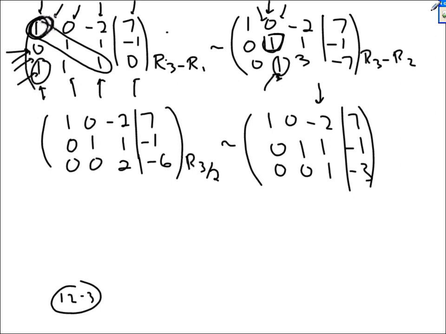Third column, that's the diagonal entry. Using row 3, I want to get what's above this 1 to be 0. Well, negative 2 and 1, 2. Or 2 and 1, 2. We already have our 2 here. I don't care if it's plus or minus. I'm not going to do anything to row 1. And to get a 2 down here, I'm going to double row 3.